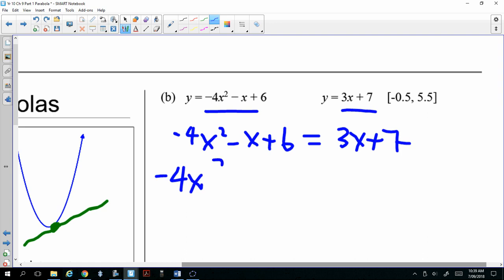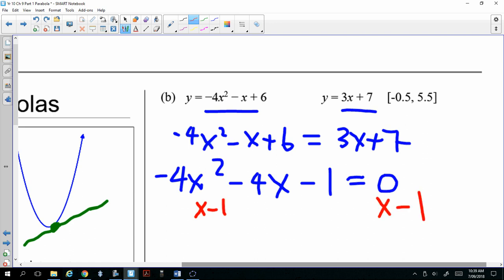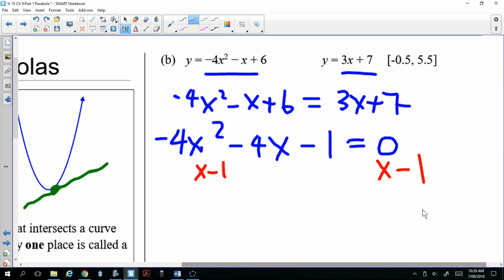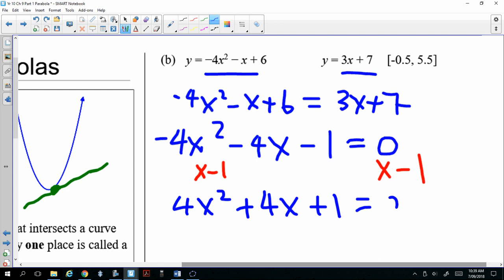So you get negative 4x minus 1. Then we multiply both sides by negative 1 to get rid of the negative, to make the factorization easier. So we want to factorize this.